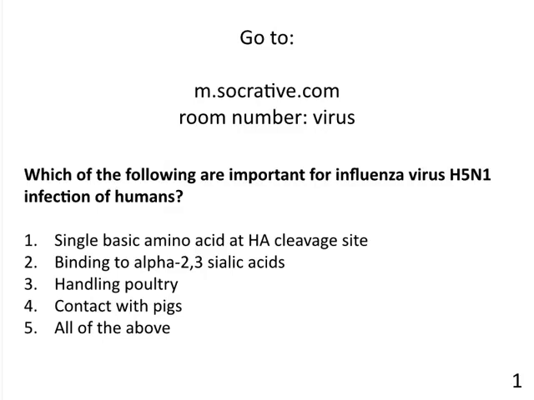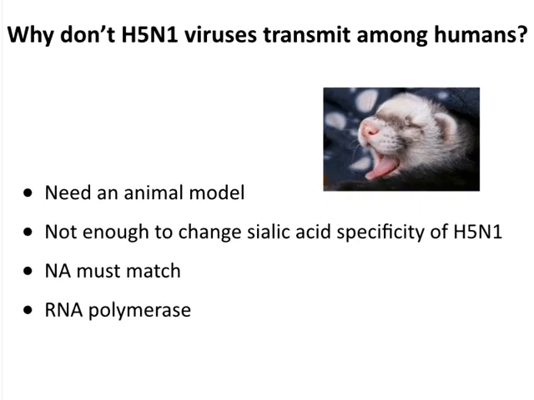Binding to alpha-2,3 sialic acids, those are present deep in the lung, but these are avian receptors, and we think that to infect humans somehow alpha-2,6 has to be engaged as well. Handling poultry is certainly a risk factor. Contact with pigs is not. So these are the best ones. I can understand where some of you picked the other one, maybe number 2, but fortunately none of you picked contact with pigs, so it is contact with poultry.